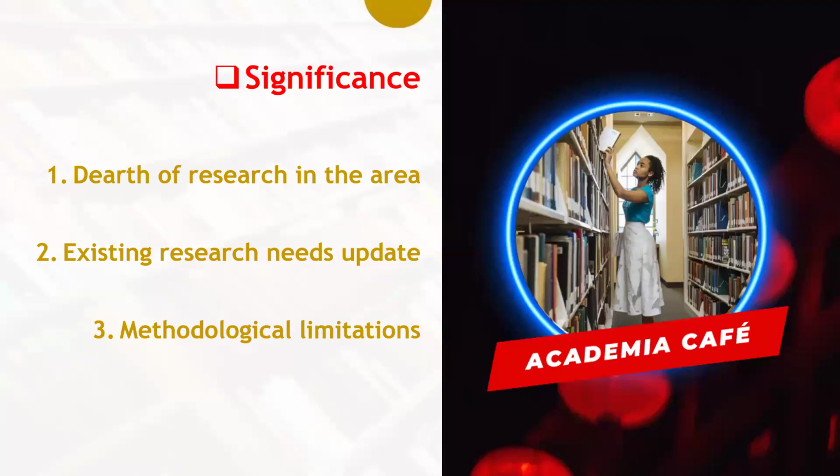You might want to justify that there is a dearth of research in the area in your industry, region, or country, and explain why the study is required or why the existing research approach requires modification for your industry, region, or country.